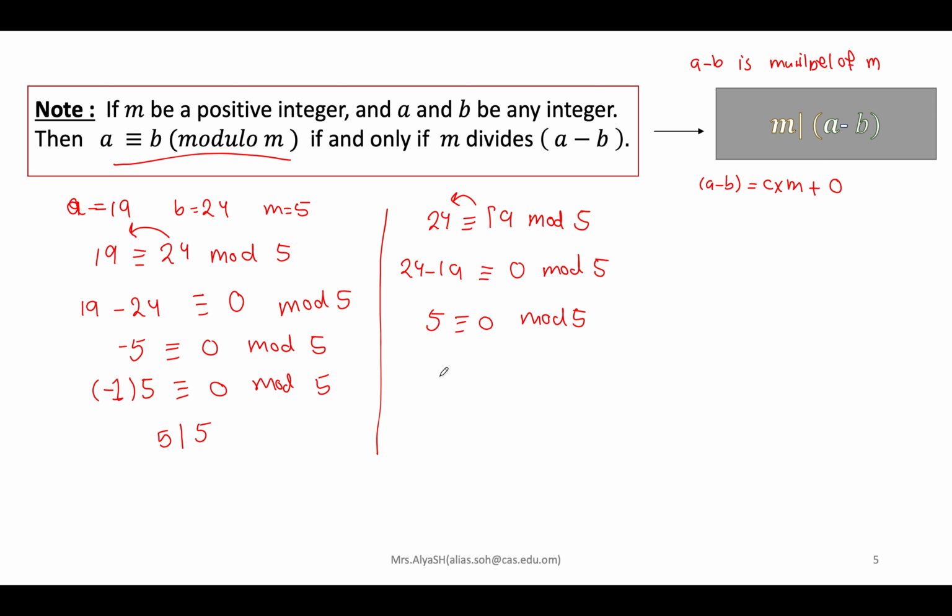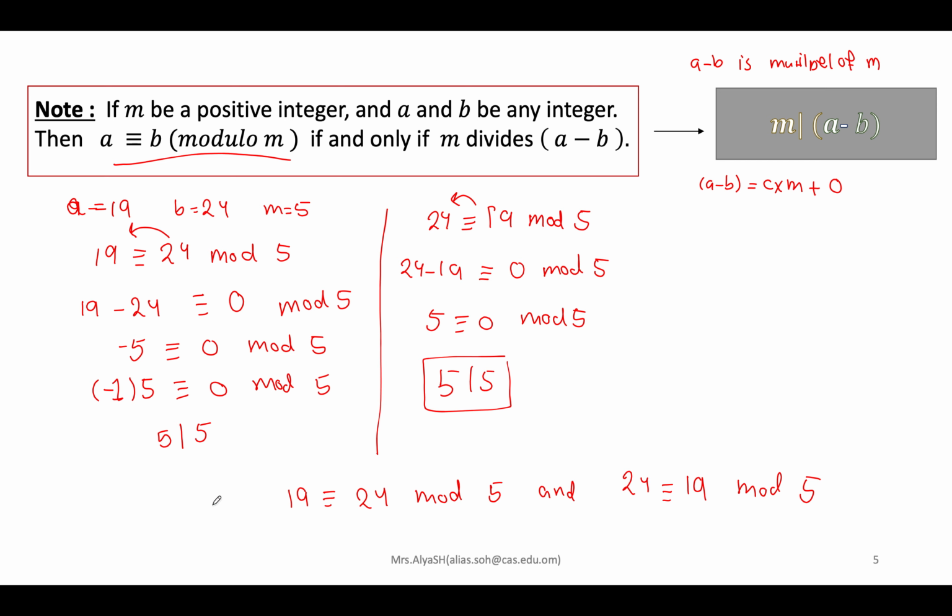And yes, 5 divides 5. So here 19 is congruent to 24 mod 5 and 24 is congruent to 19 mod 5.